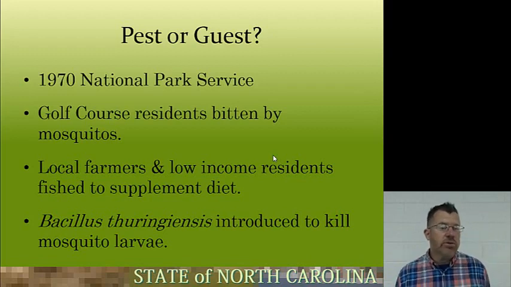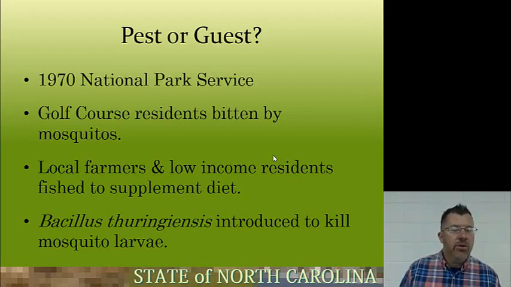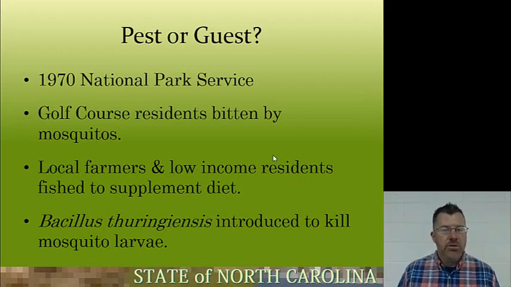Well, the National Park Service came up with the idea to introduce Bacillus thuringiensis into the river to kill all the mosquito larvae. Well, this really upset the farmers and the other residents because the mosquito larvae was the number one food source for the fish that they fished for. So, was it a pest or guest?